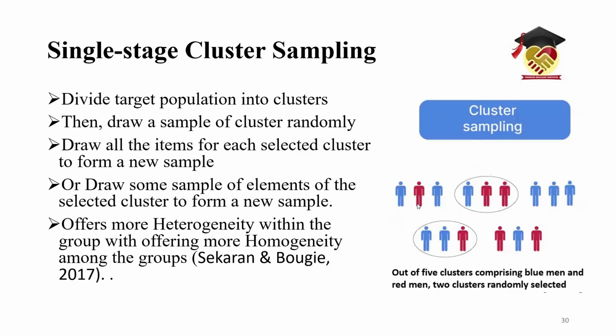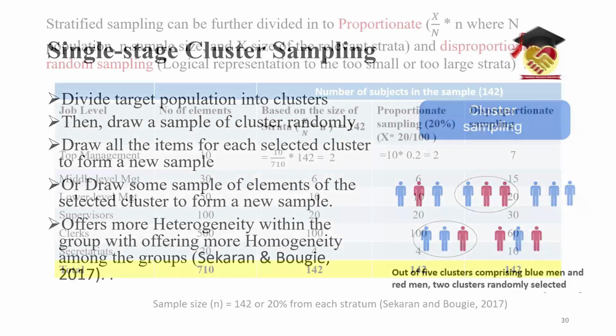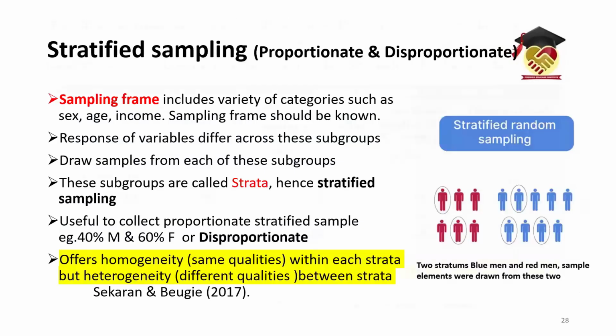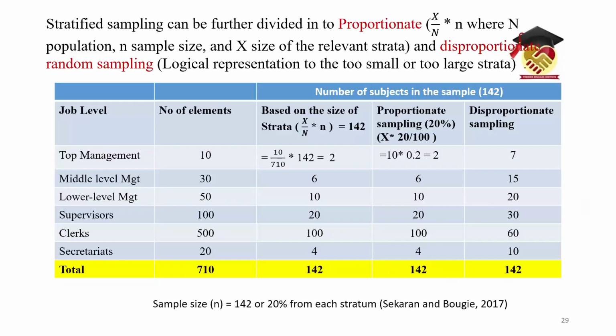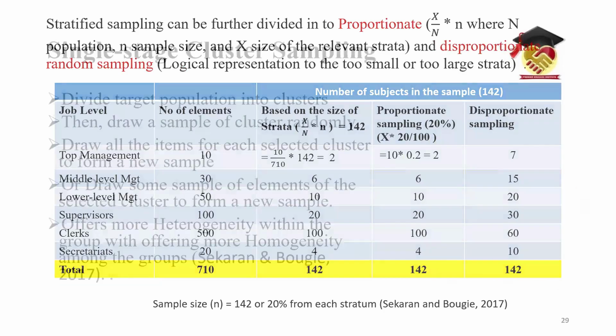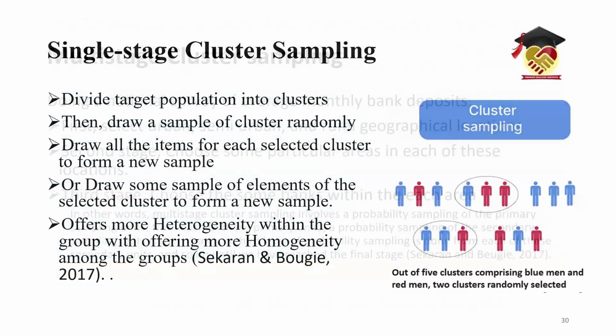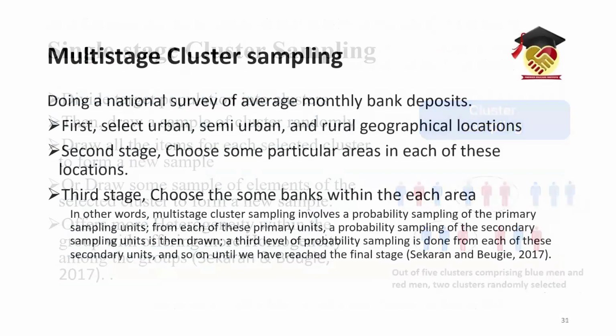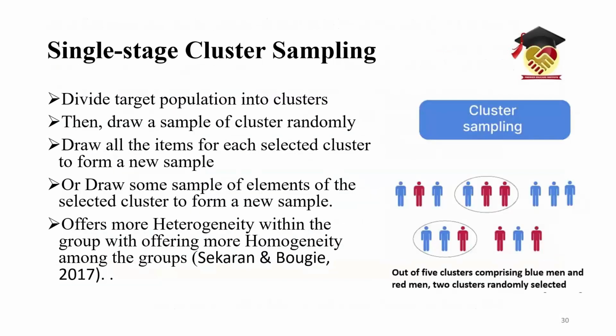This cluster, you have red and blue. This is not like this one. This is much better, and this is not that better. But still, you have to use this one. Remember the difference between cluster sampling and stratified sampling.